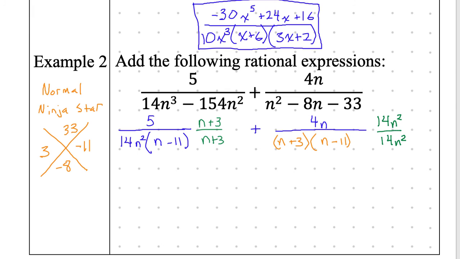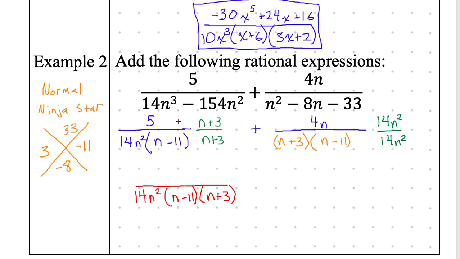So the bottom is going to stay the same. The bottom, the denominator, is going to be 14n squared times n minus 11 times n plus 3.